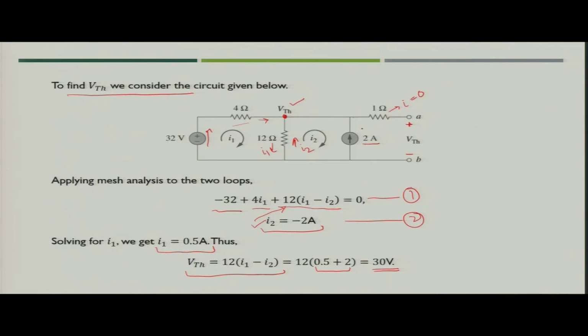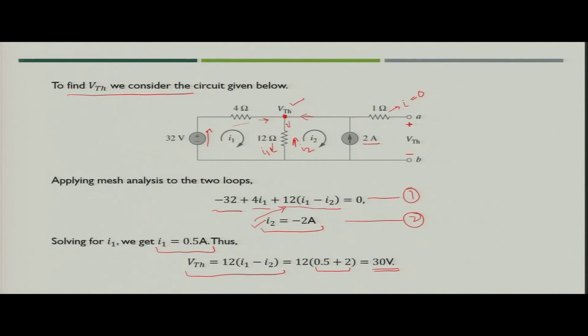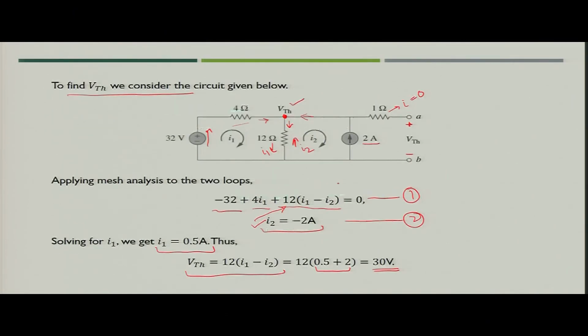Then next is 2 ampere current which is flowing in this direction. So, you can simply put the value of 2 ampere. Third is the current which is flowing in this direction. So, the current flowing in this direction would be the sum of these two currents. So, finally, this would be equal to VTH by 12, because the voltage at this is VTH and the resistance connected between the reference node and the node in question is 12 ohm.